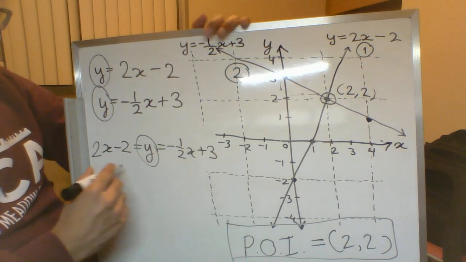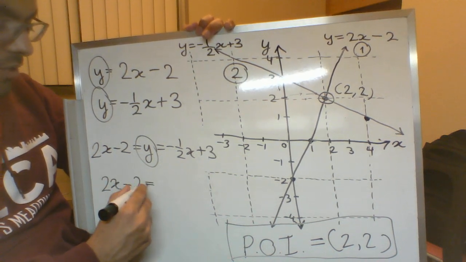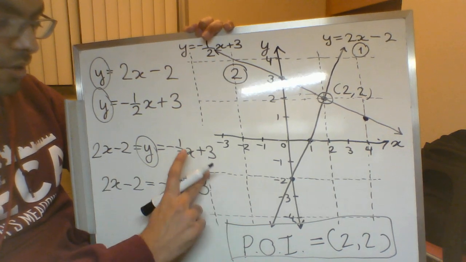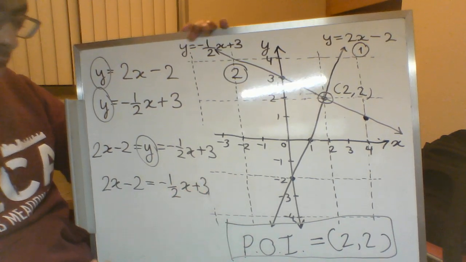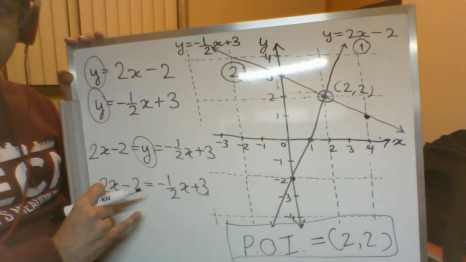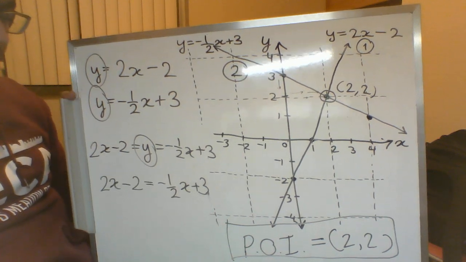So I'm just going to ignore the y, and we're going to say 2x minus 2 is equal to negative 1/2 x plus 3. So we've just eliminated that y from the equation. We took the left side, kept it here, we took the right side, kept it over there, and we just forgot about the y in the middle.